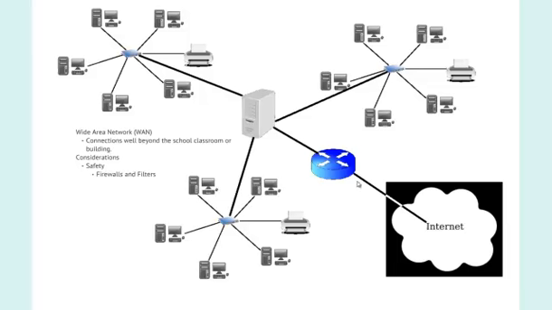Because you are going into such a wide variety of sources of information, some safety considerations have to be taken. Firewalls are used to prevent information from moving out of the network or into the network. We don't want viruses or malicious software to come in and infect our local area network, our school community.